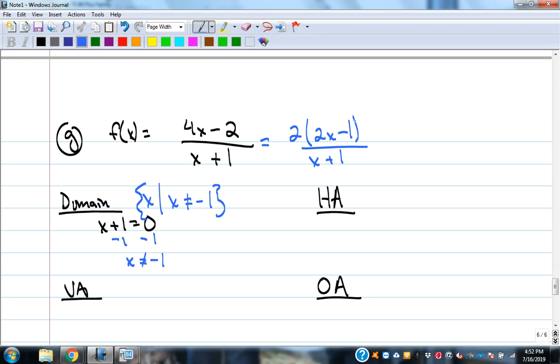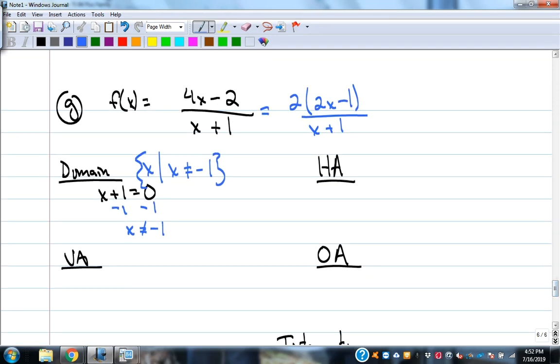Because nothing's simplified, my vertical asymptote is going to match what my domain was: x equals negative 1. We'll get one in just a minute where something does simplify, and I'll show you what the difference is.